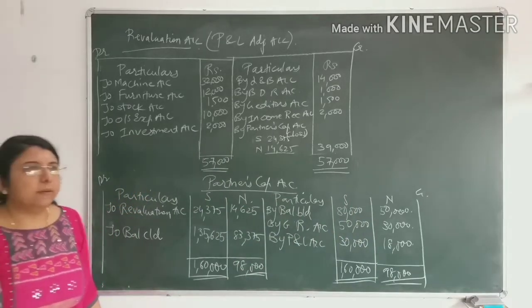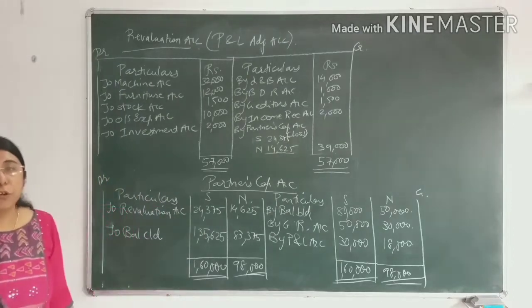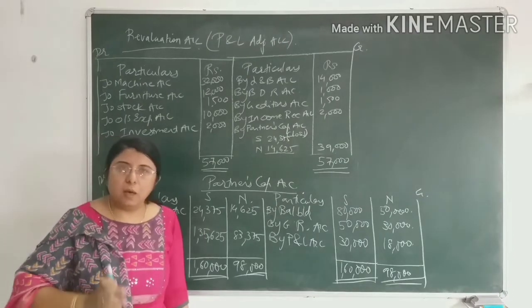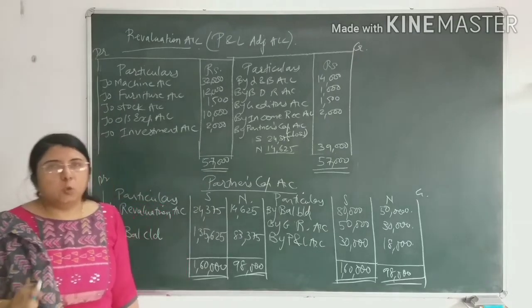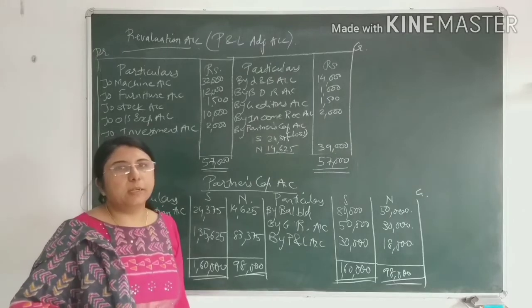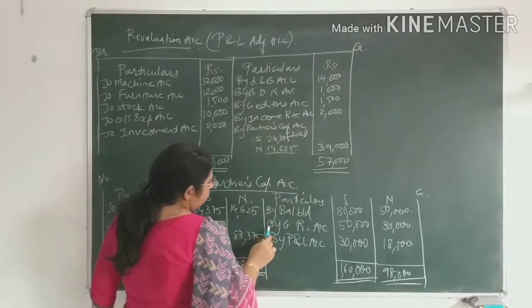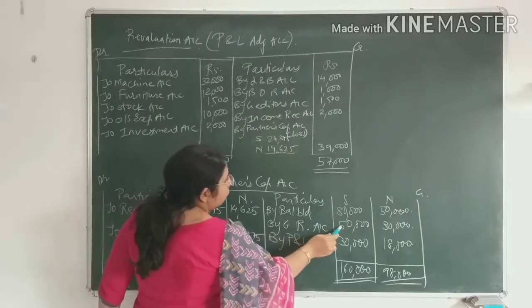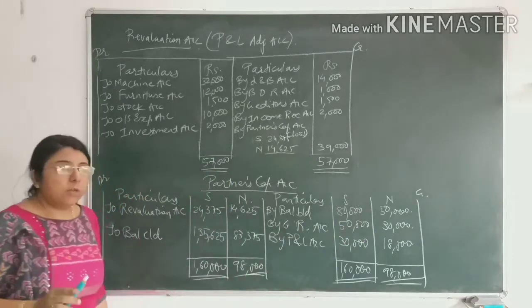Now we refer to the journal entries. In the journal entries we have written one entry of general reserve distribution amongst the partners. The journal entry was general reserve account debit to Sajan's capital account 50,000, to Nirmi's capital account rupees 30,000. So for the posting, you will write by general reserve account 50,000 in the column of Sajan and 30,000 in the column of Nirmi.